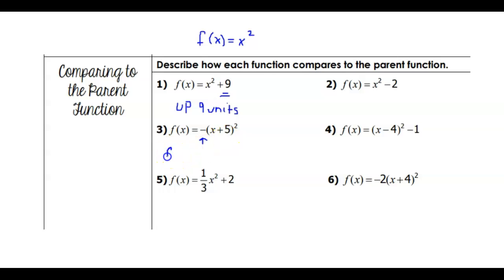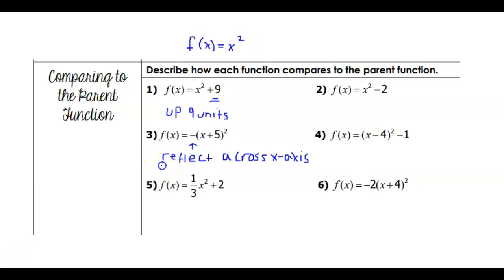So the parent graph is going to reflect across the x-axis, and then it's going to shift the graph to the left 5 units.